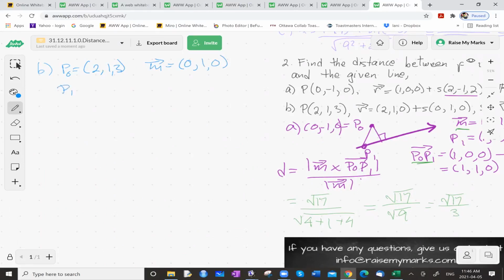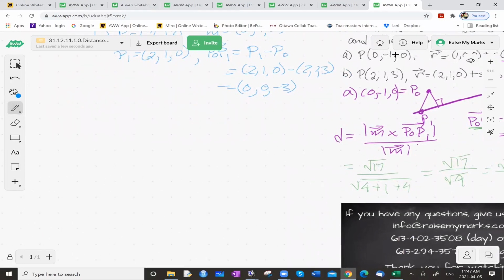Our point P1 on our line we can take as 2, 1, 0. So our vector P0P1 is given by the following: 0, 0, -3.